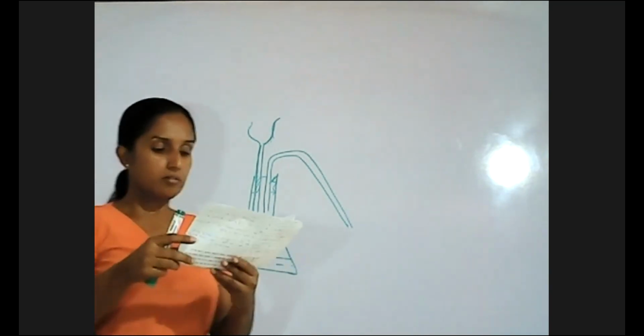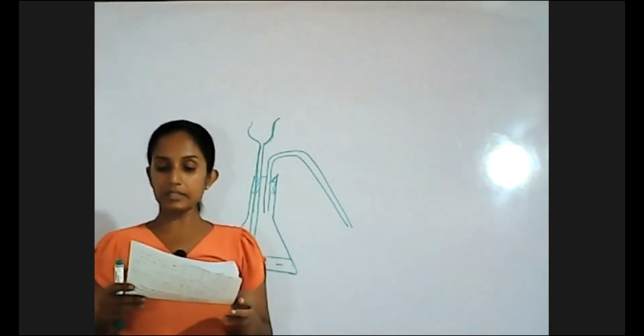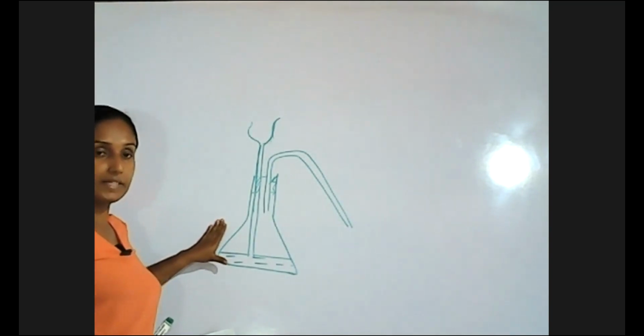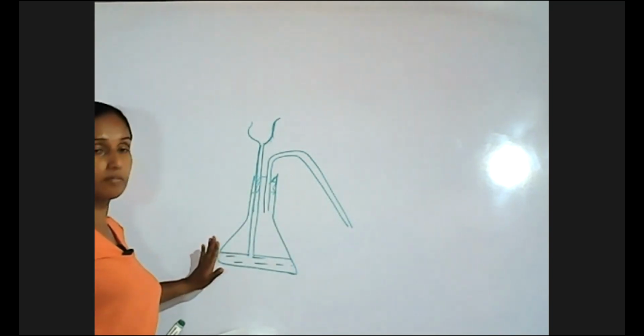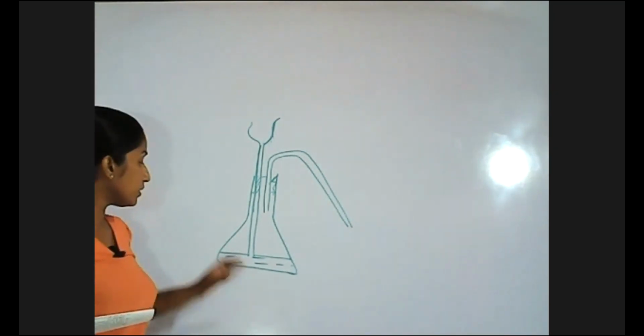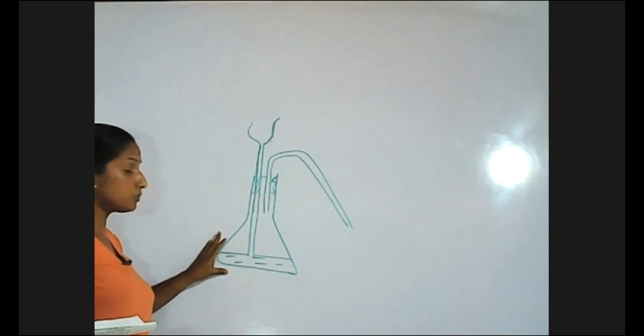Second one. What is the advantage of using a small conical flask rather than a large conical flask here? What is the importance of using a small one? What is the answer? So, when we use a small one, there is no need to use more reactants.